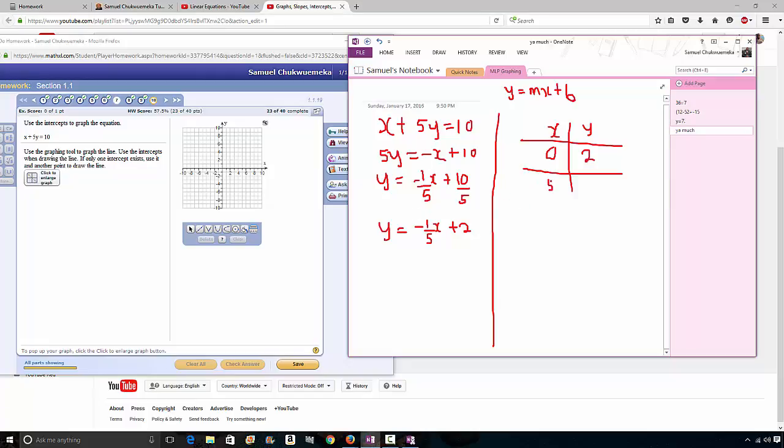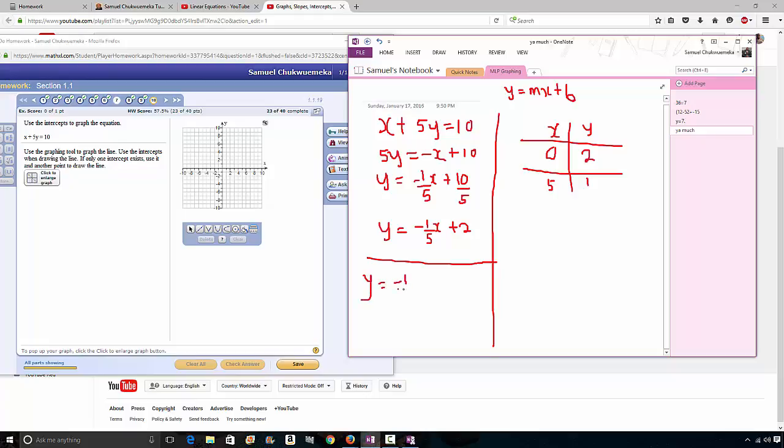When I use 5, so 5 times negative 1 over 5. Of course, 5 divided by 5 is 1. So negative 1 plus 2. 2 minus 1 is 1. All you need to do is to substitute it.